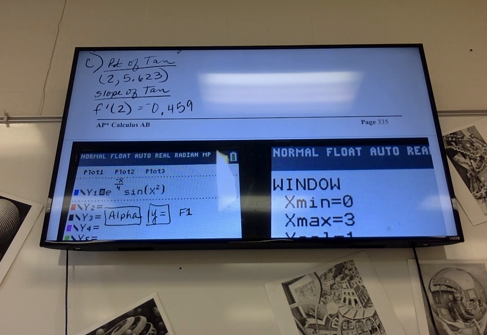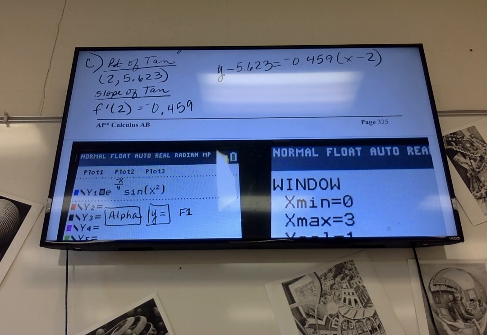Okay, so your equation then is, I usually forget there's a point there, y minus y1 equals m, which is that number we just found, times x minus x1.